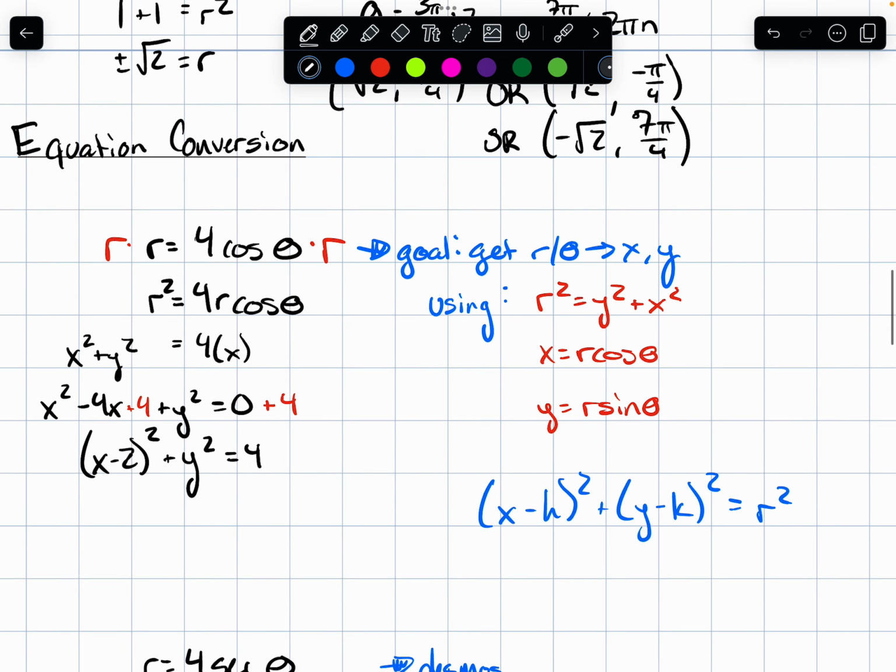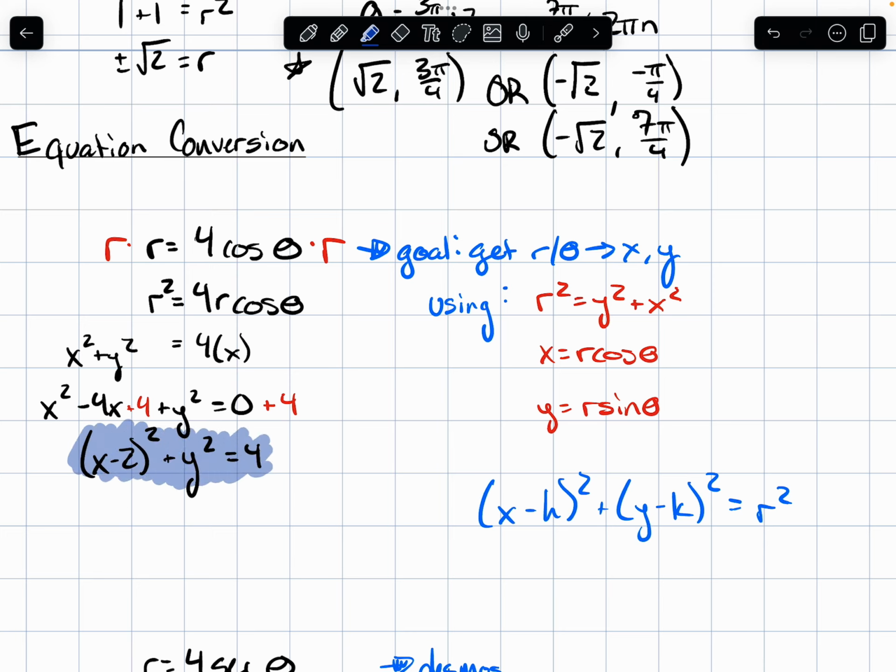This is a higher level example of how you would use this, but we could see this complicated function where it'd be really hard to get y by itself is expressed much simpler in polar coordinates as that. So this is a circle, and it's just shifted to the right 2, and it has a radius of 2 given this. And this is just a much simpler way to express that.